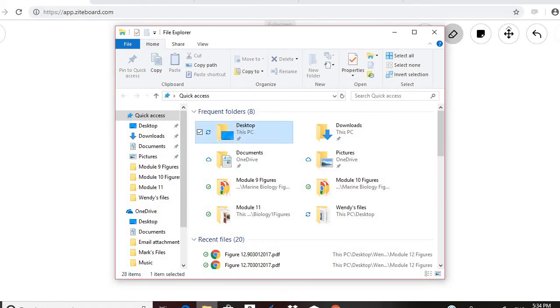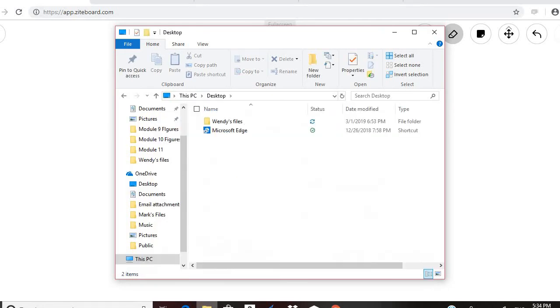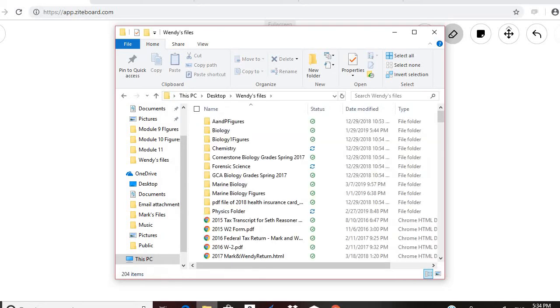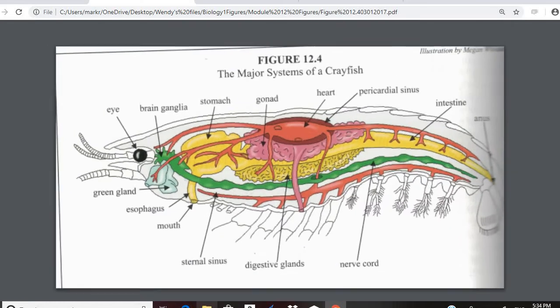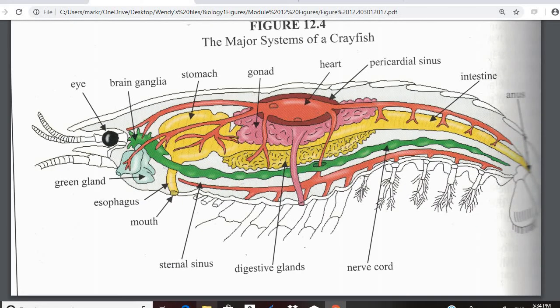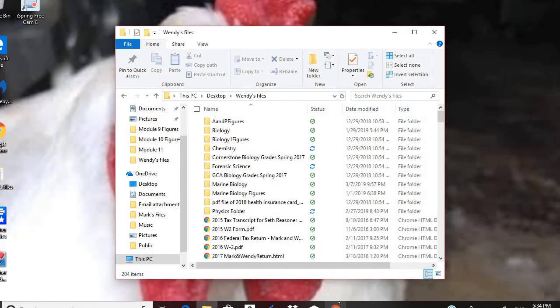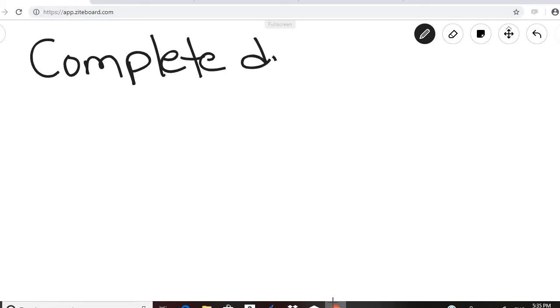Let's look at the internal organs of a crayfish. Okay, so here are the internal organs in a crayfish. First of all, a crayfish has a complete digestive system, which means that the digestive system begins at the mouth and ends in the anus, so complete digestion.